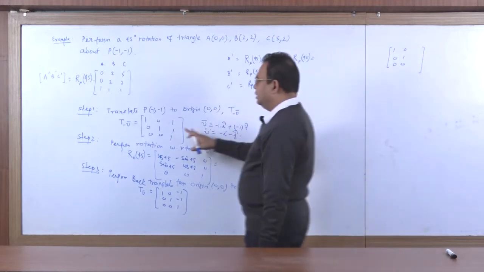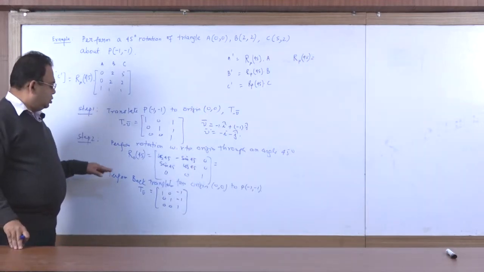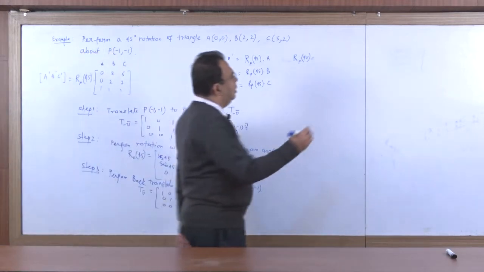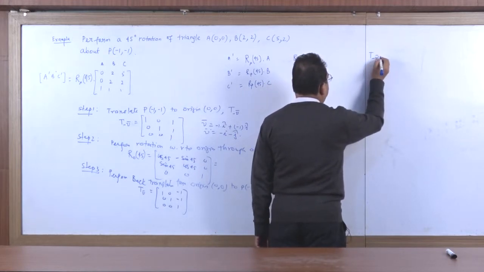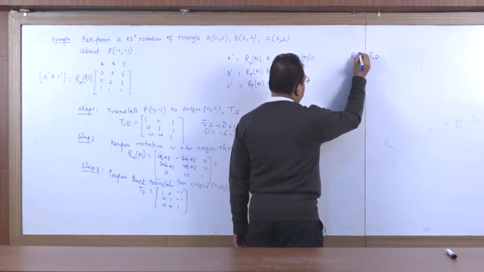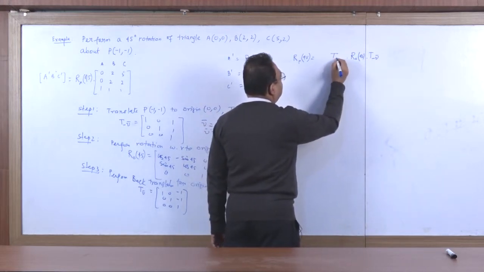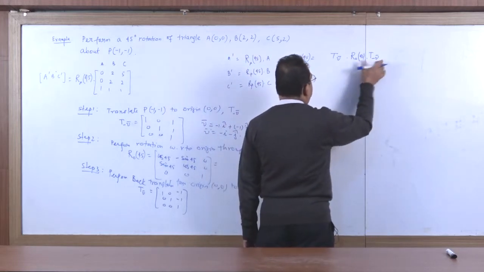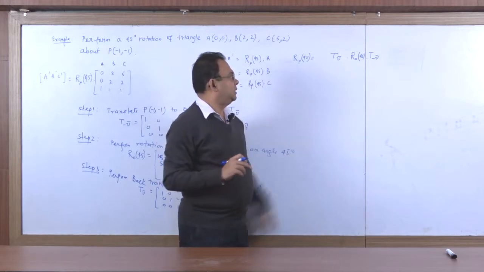First we apply T minus V, the step 1 operator, which appears on the right-hand side next to the object point. Onto that we apply rotation with respect to the origin through an angle 45, and then we apply T V, and this is operated on the object points. So these are the three operators operated one after another.